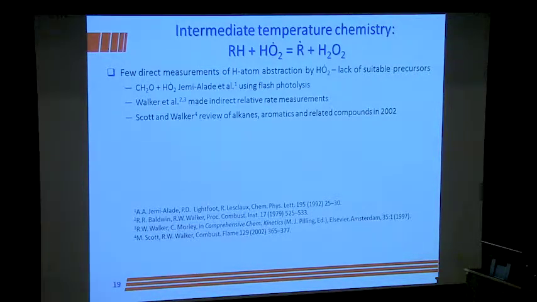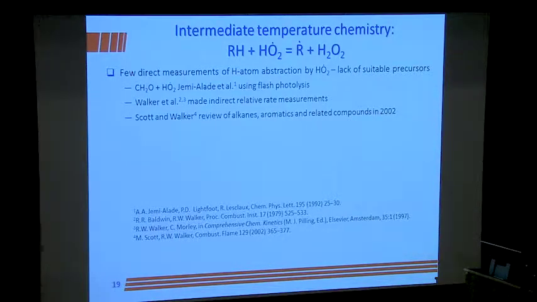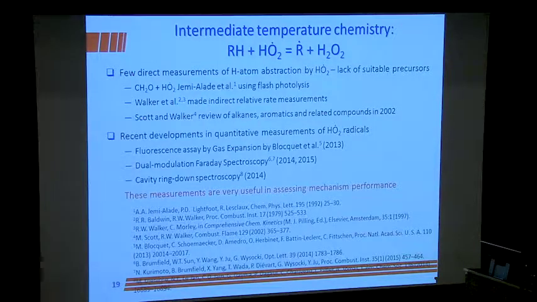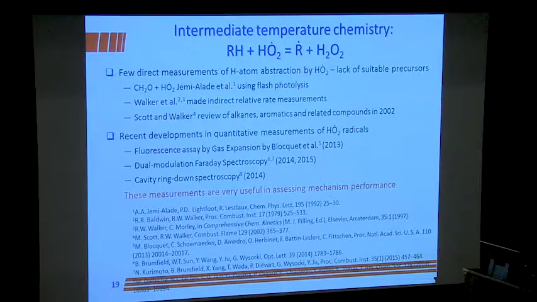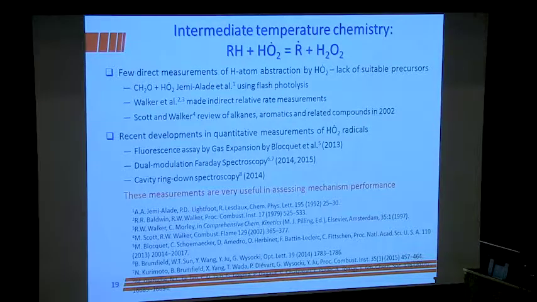Okay? And it culminated, this is a nice paper, you should maybe look at it, in a review article of alkanes, aromatics, and related compounds in 2002. Okay? So the community is making progress on HO2 and actually recording it. Up to, we'd say, just early this decade, there were no quantitative measurements of HO2.